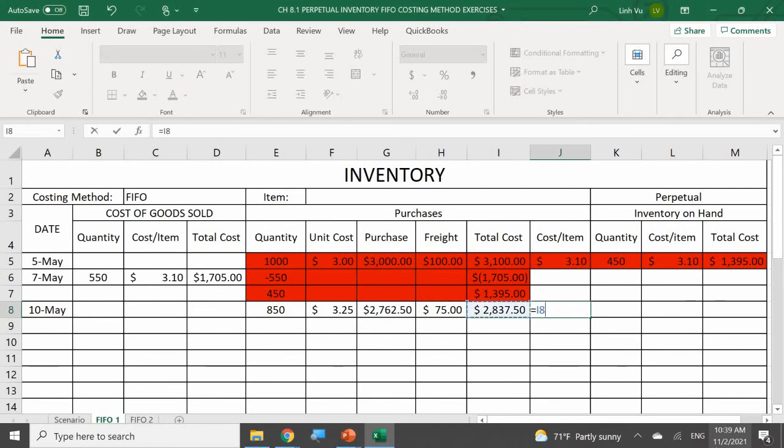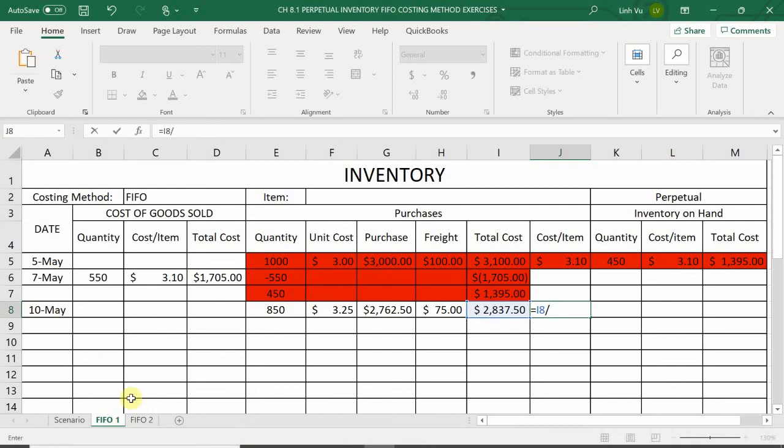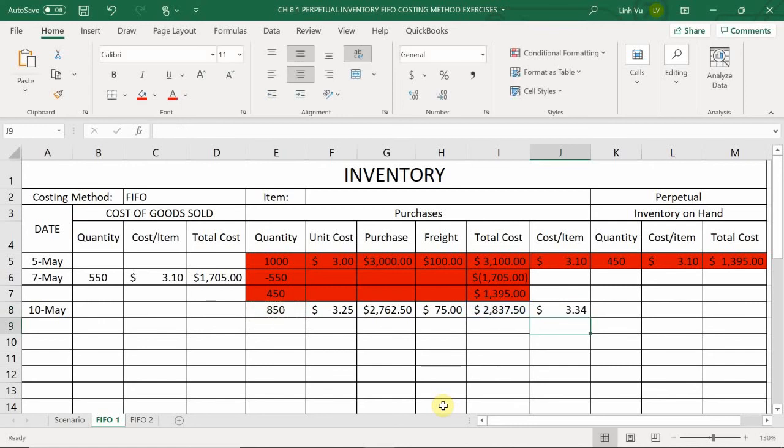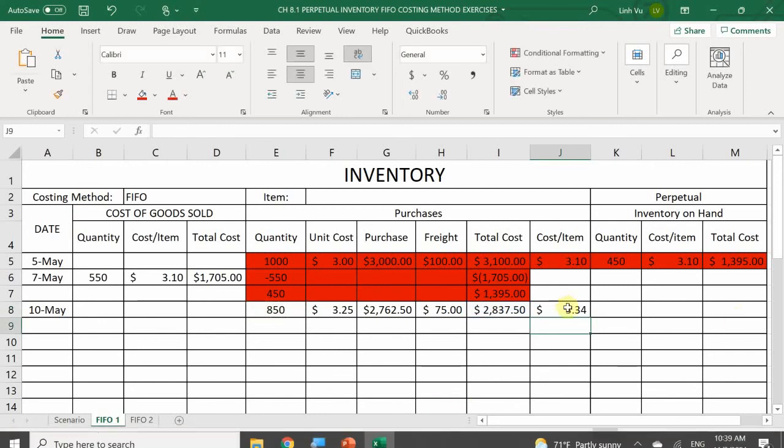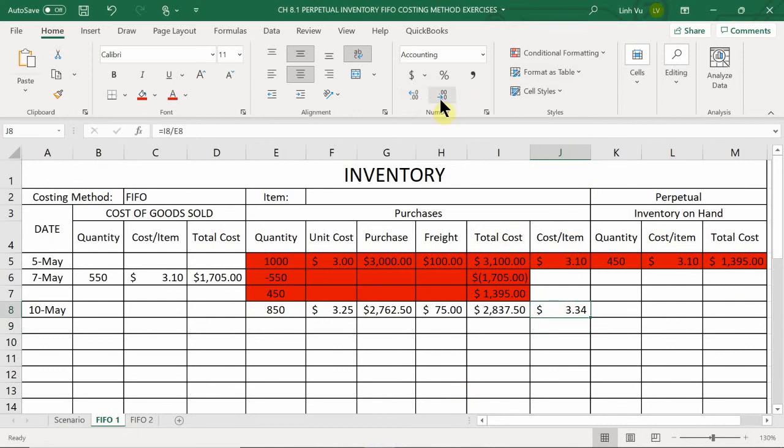Which then brings my cost per item to be $3.34. But let's actually confirm because I believe it is not an even number. So this is where I have this number here where it goes on forever, right?